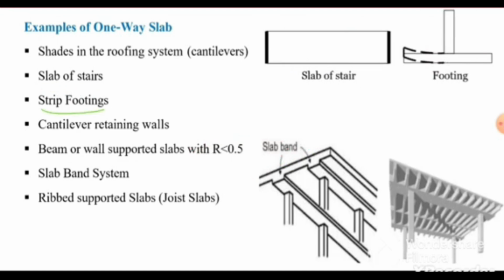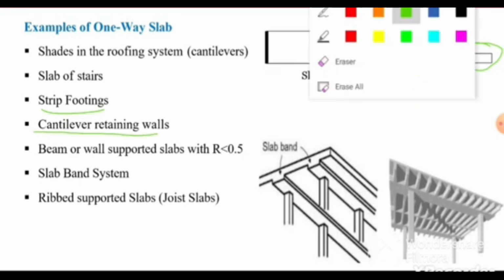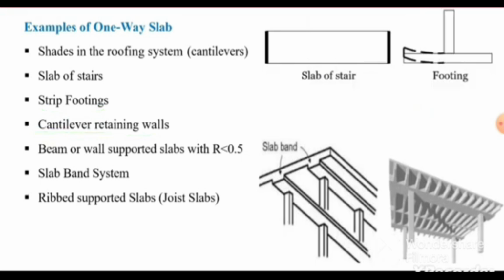Okay, strip footing. In case of strip footing, we have the case of a one-way slab. For example, if we have this strip footing, meaning a footing which is supporting the wall, both this side as well as this side will be considered as one-way slabs separately and will be designed as one-way slabs. Similarly, cantilever retaining walls are a case similar to that of the footing.